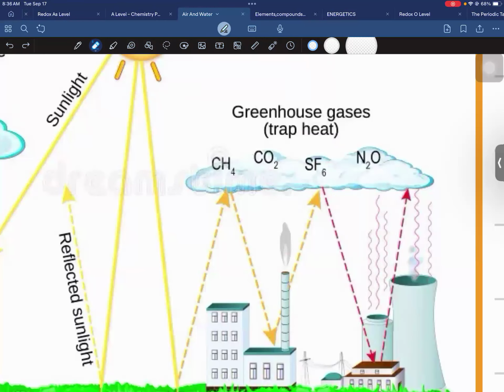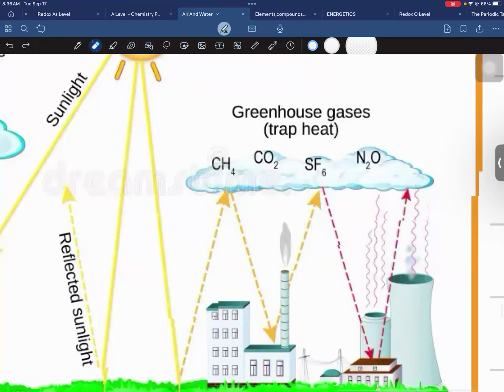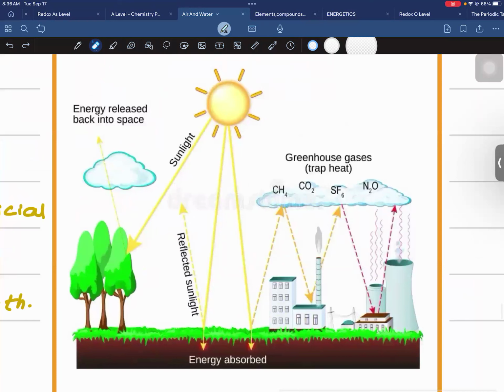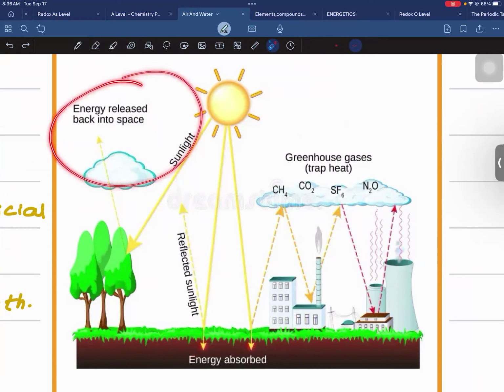What they do basically: let's suppose the sun is releasing so much energy. When this energy comes to the surface of the earth, it is reflected and released back into space. This is the natural phenomenon.